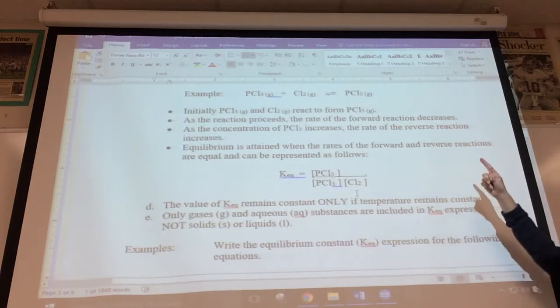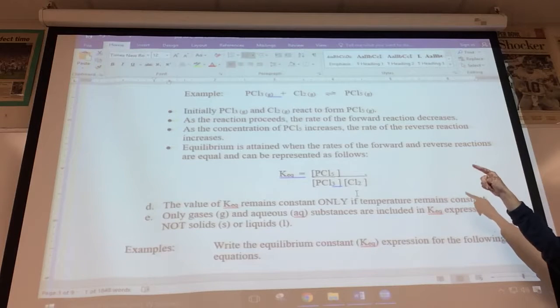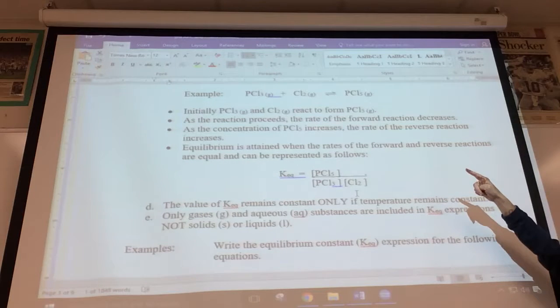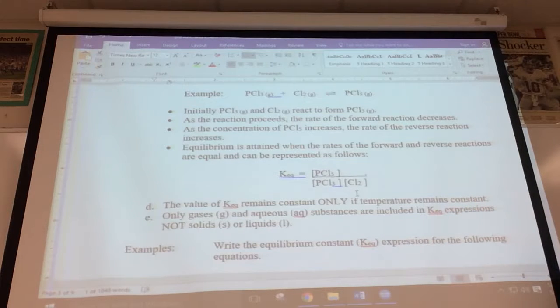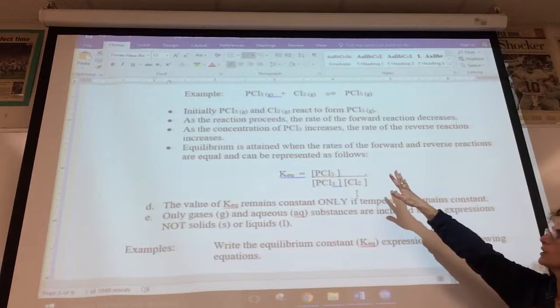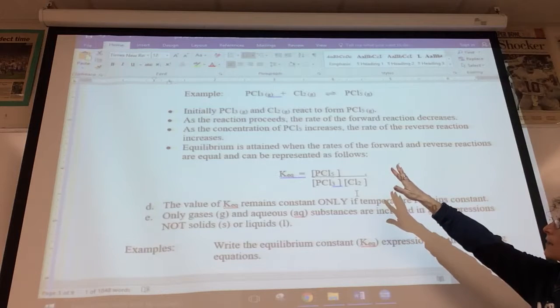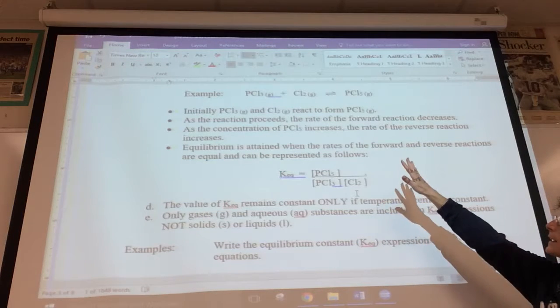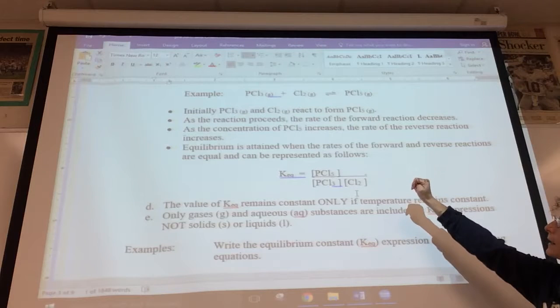In the equation in which phosphorus pentachloride is generated from phosphorus trichloride and chlorine gas, this is a reversible reaction. At chemical equilibrium, the rate of the forward reaction is equal to the rate of the reverse reaction. So initially, you've just got reactant, and the phosphorus trichloride and chlorine gas will react to form product.